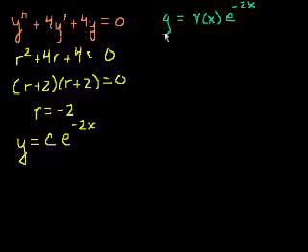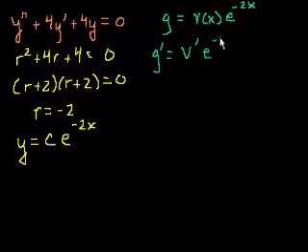So before we do that, let's get its first and second derivatives. The first derivative of g is equal to, well, this is product rule. And I'll drop the v of x. We know that v is a function and not a constant. So, product rule, derivative of the first, v prime times the second expression, e to the minus 2x, plus the first function times the derivative of the second.